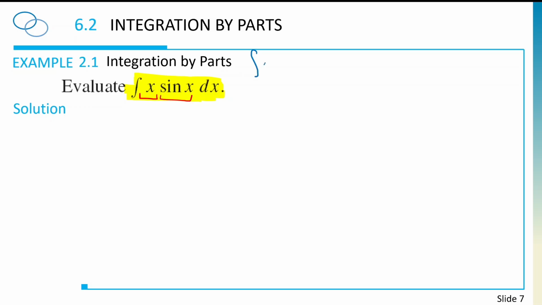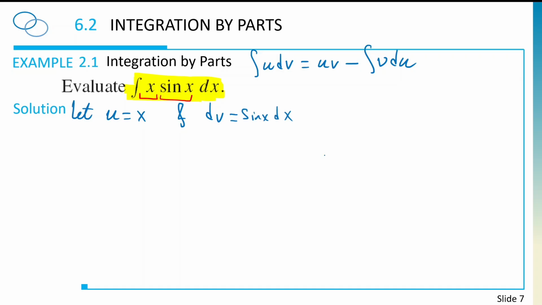This is the integration by parts rule: the integration of u dv equals u times v minus the integration of v du. Now let's say I did this choice. I'll let u be equal to x and dv be equal to the remaining part, sine of x dx.